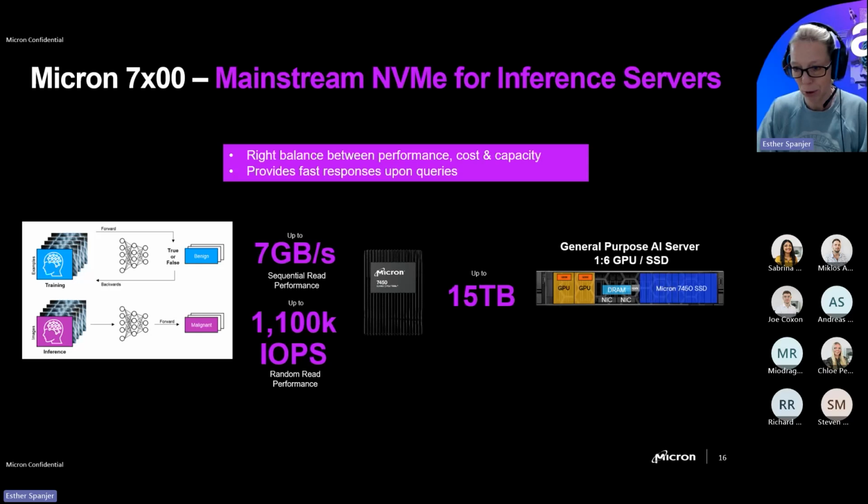There's not as many GPUs typically in these servers, and so therefore a more moderate SSD capability will be good enough for feeding these GPUs. So in this case, the inference part of our model will be supported by a mainstream NVMe.